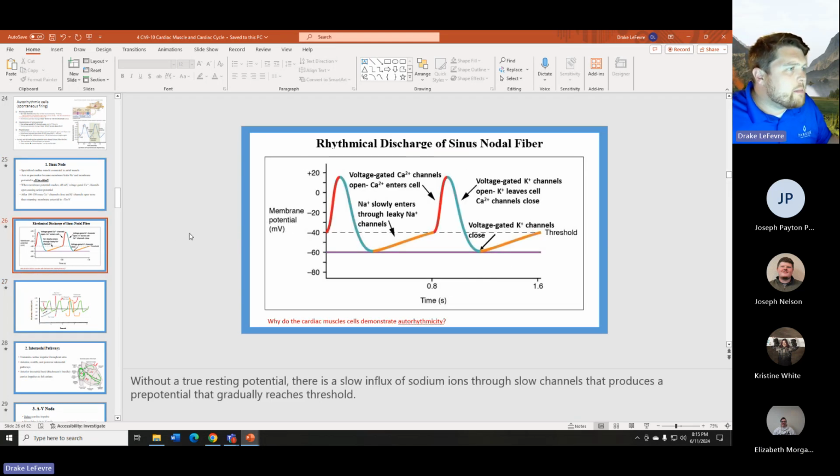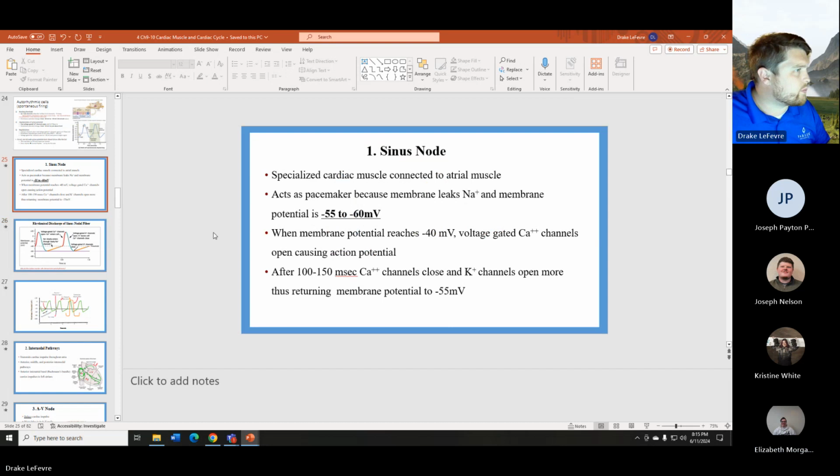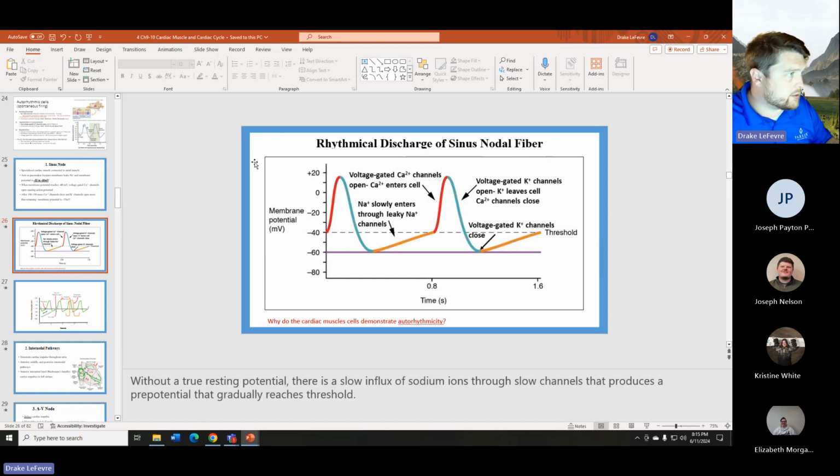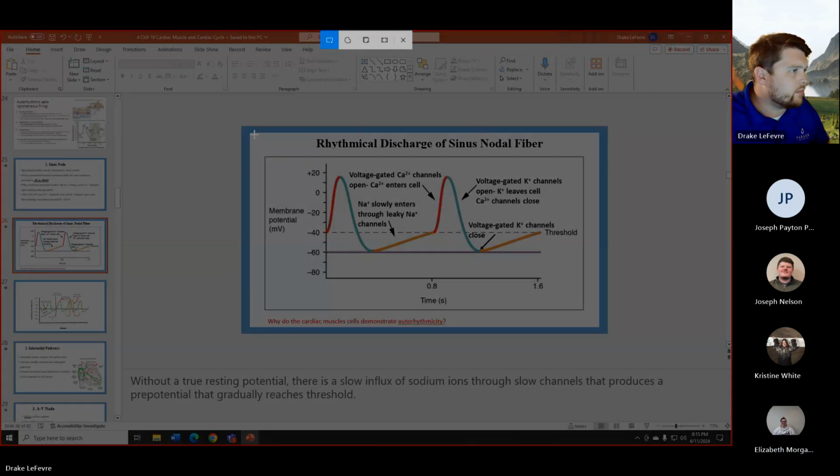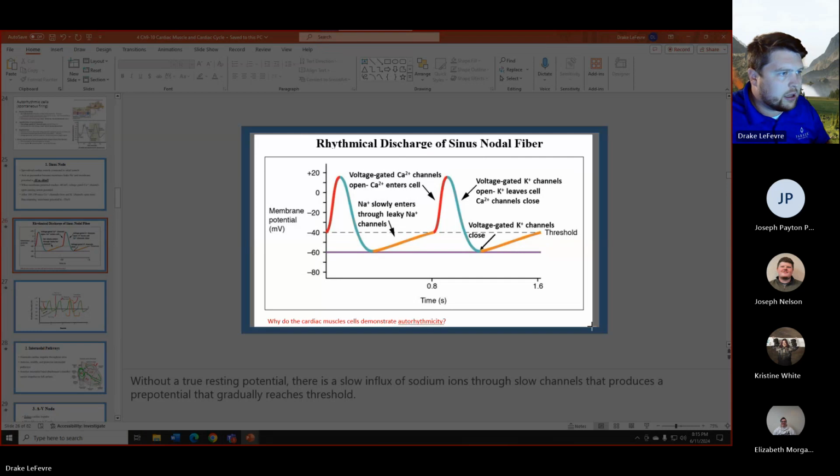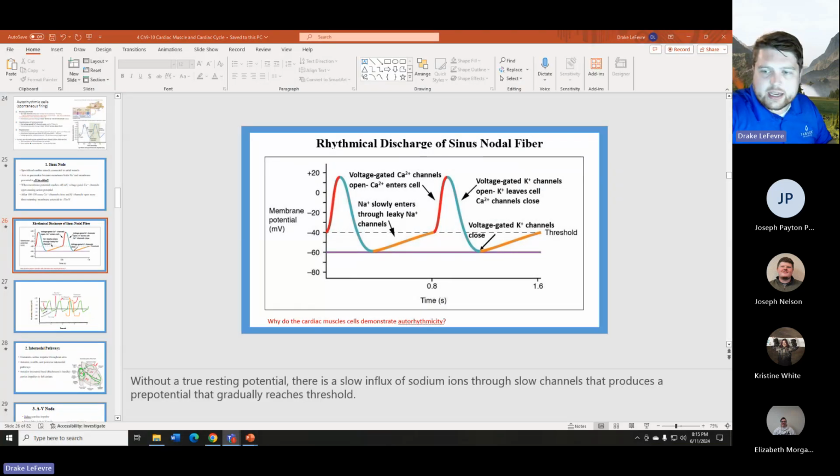Biggest things to remember. I'll go ahead and throw this picture in. It's not like skeletal muscle where you get the hyperpolarization and all that kind of stuff. It's really consistent and very contained.